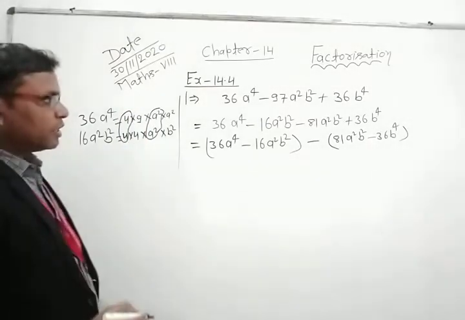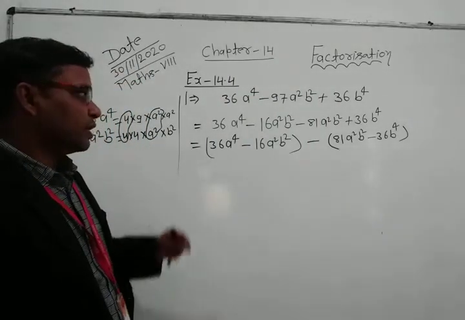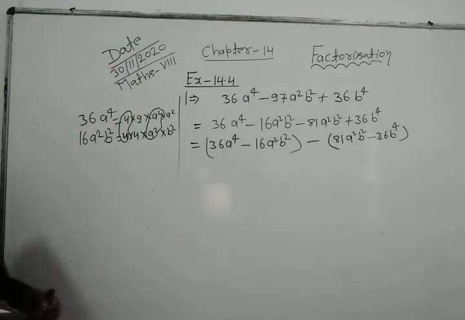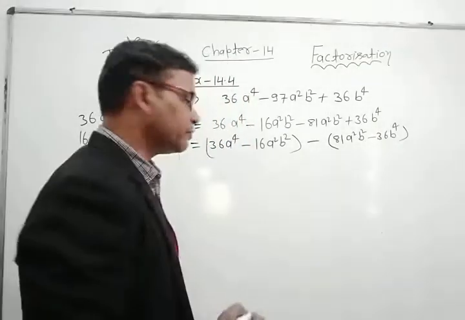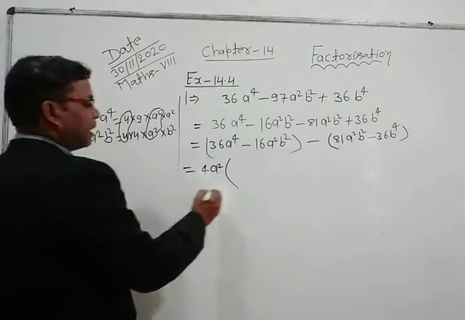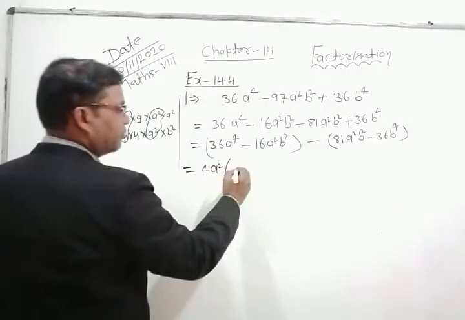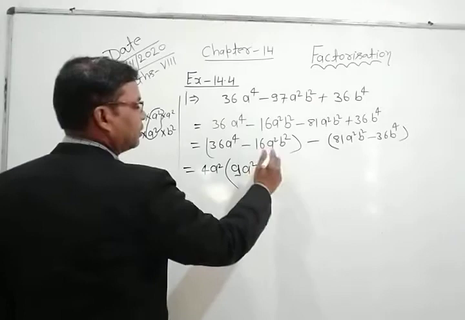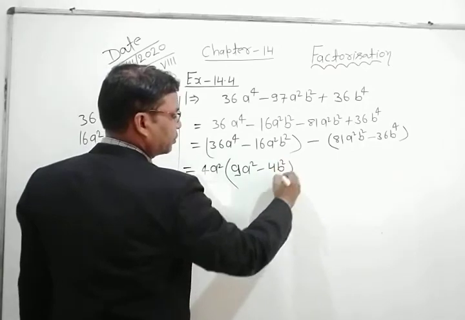So in the first bracket we have 4a^2 common. After taking 4a^2 common, we have 9a^2 minus 4b^2. This is clear?